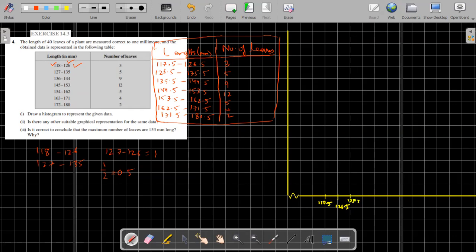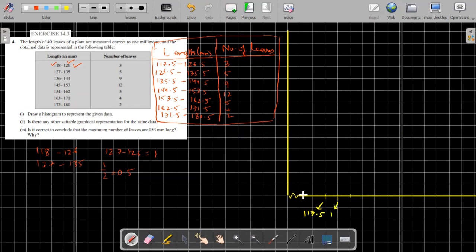Okay, maybe this is not visible to you, so I will try to write clearly. This is 117.5, and you have to write it here.